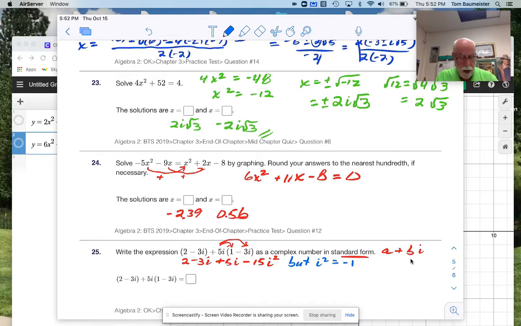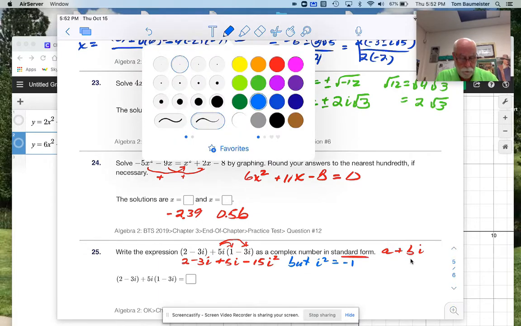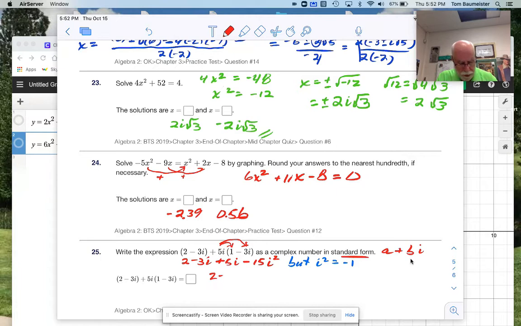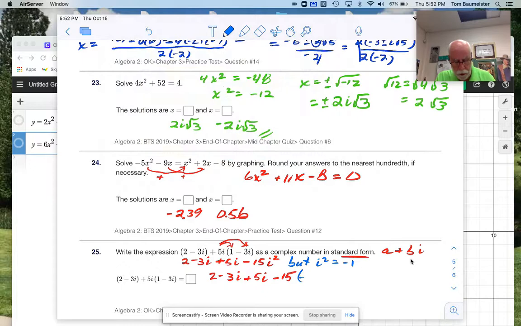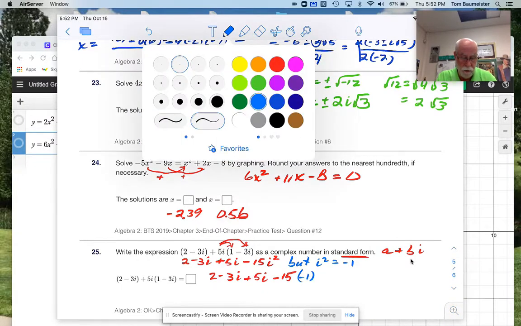So I would have minus 15 times negative 1, and a negative times a negative is a positive.